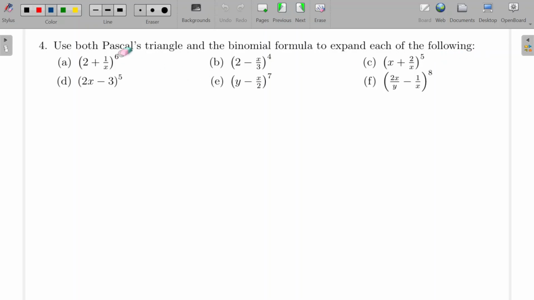So we're supposed to use the binomial formula and the Pascal's triangle. Now, starting with A, before I go to what A is, what B is, let me explain first the Pascal's triangle and the binomial formula. Then we'll do one example.